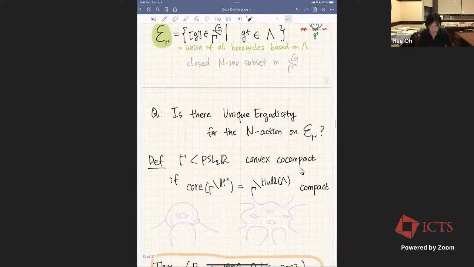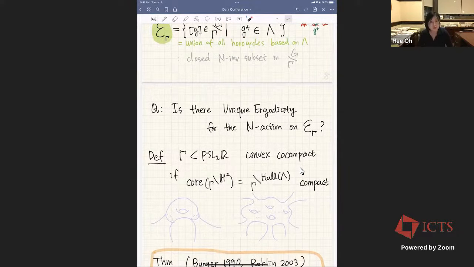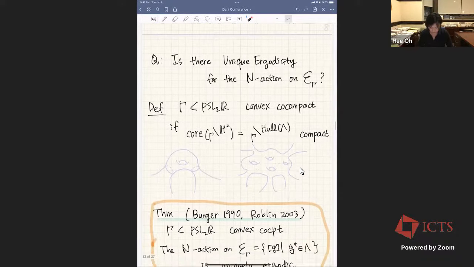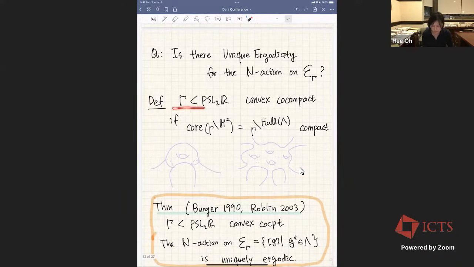And the answer is yes, for a class of groups which are called convex co-compact. Here's the definition. A discrete subgroup gamma of PSL2R is called convex co-compact if the convex core of the hyperbolic surface H2 mod gamma, which is by definition the hull of the limit set divided by gamma, is compact.